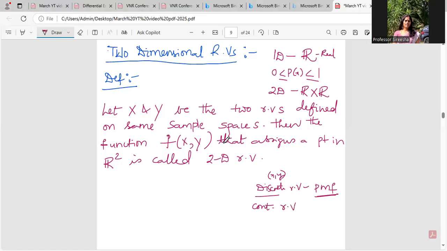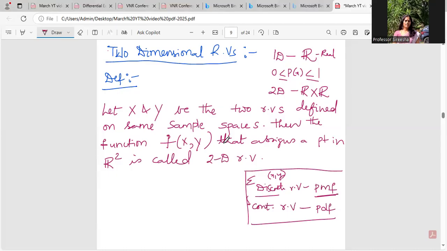Similarly, for a continuous random variable with its probabilities, it would be called probability density function. Density function for continuous, mass function for discrete. Now, similarly for 2D also, we ought to define the probability mass function and then the probability density function. Once I define the probability mass function, then things will follow for the probability density function. For continuous, I'll be integrating. Discrete is just the summation, as you all know.